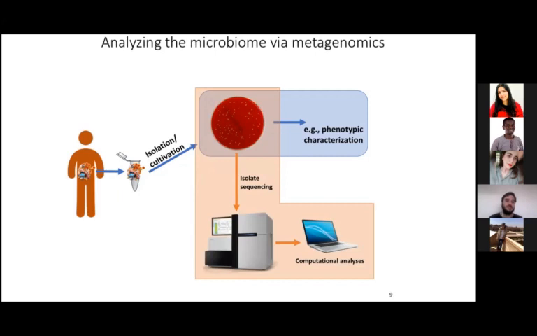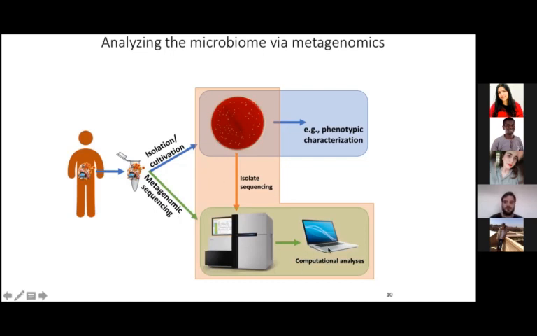However, if we want to analyze a large volume of samples, from different patients to capture the variability associated with the microbiome, and also look at several different species at the same time, this gets a bit complicated. So this is where metagenomics comes in, where you take whatever DNA is present in your microbial community and sequence whatever DNA is there.